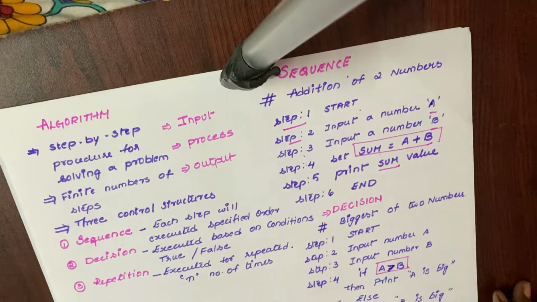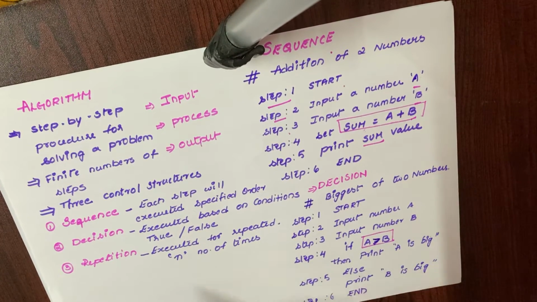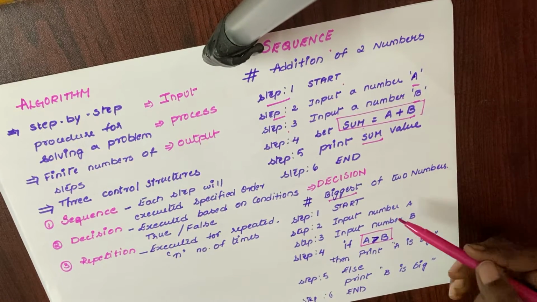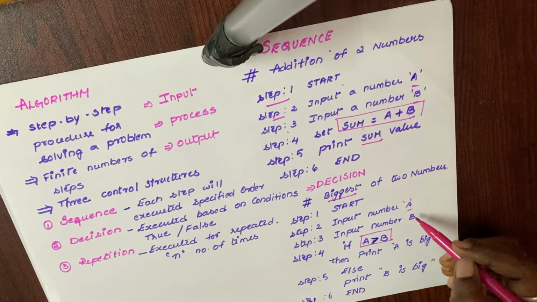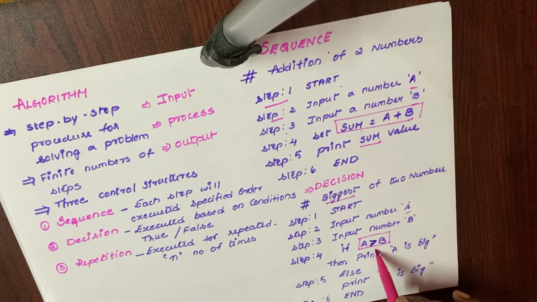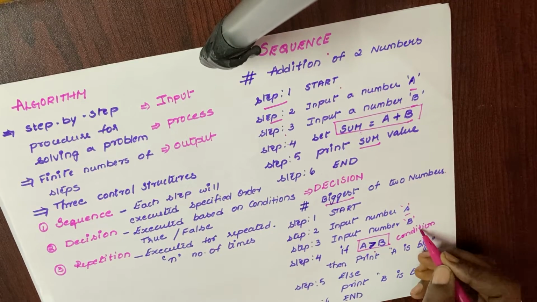So this is an example for writing the decision control structures, in which our problem is the biggest of two numbers. We take the inputs as A and B as usual, and after that we mention a condition. Here A is greater than B is stated as the condition.